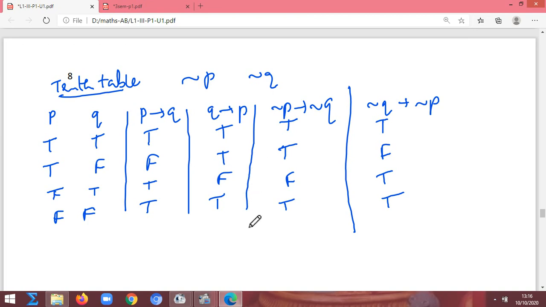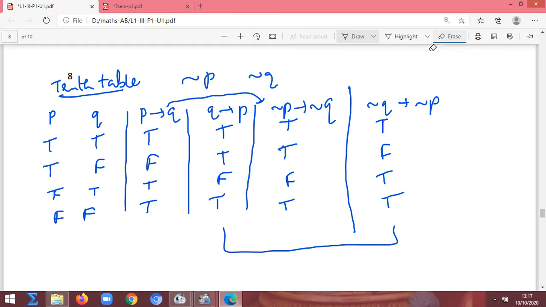So, now observe that Q implies P and negation of Q implies negation of P, that is this converse and contrapositive, and implication and inverse. Okay. So, just see which columns are same.